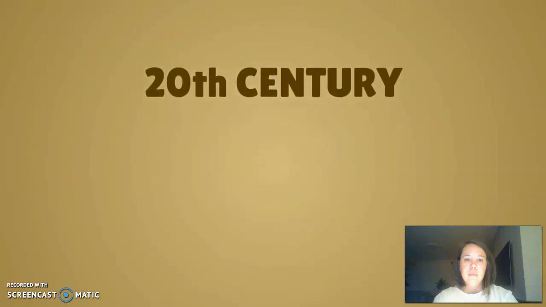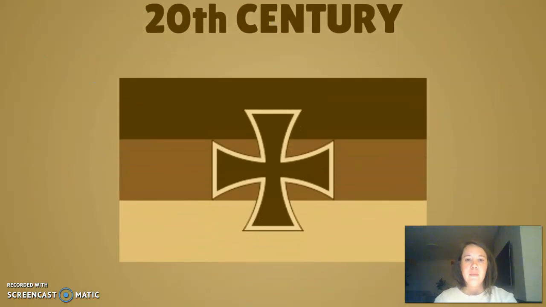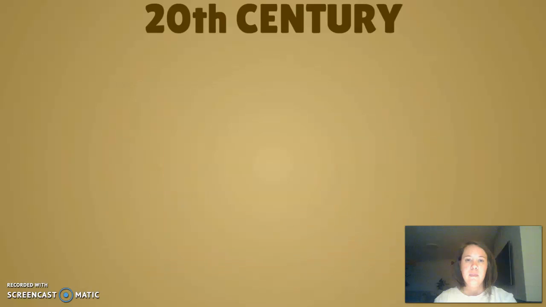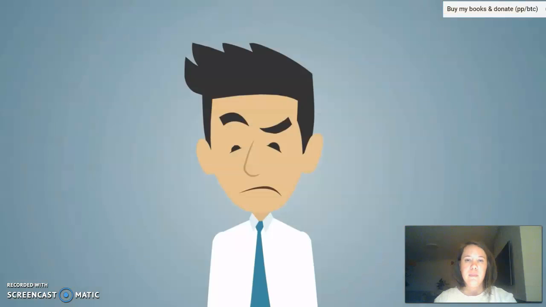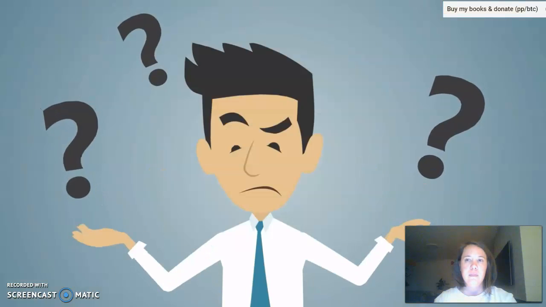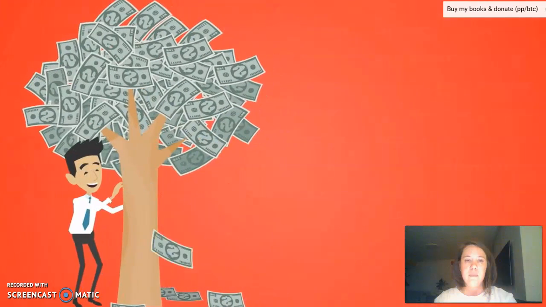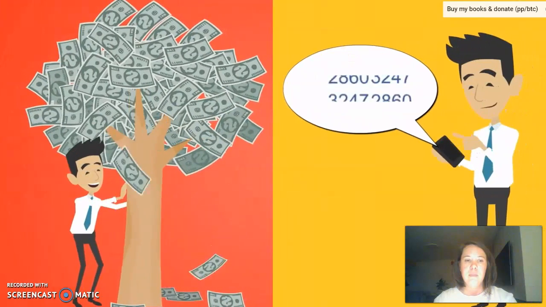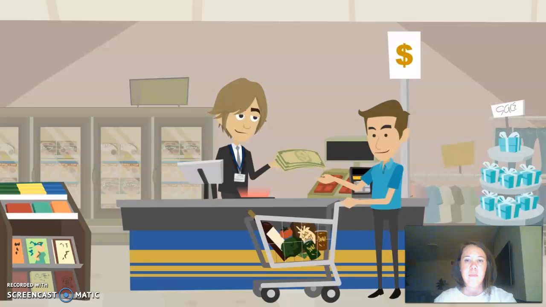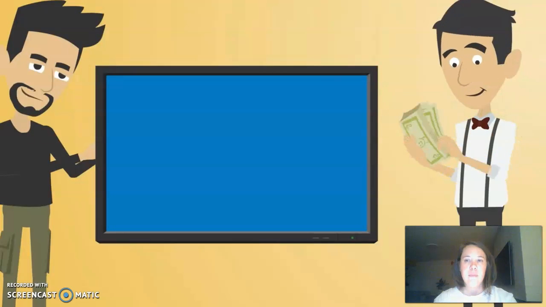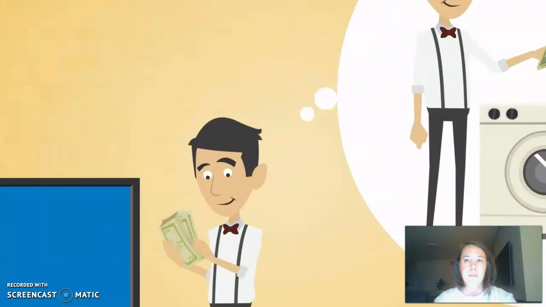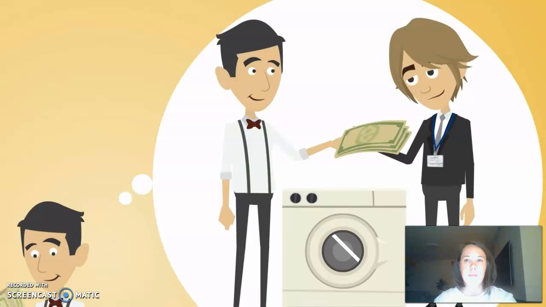Earlier in the 20th century, the same thing happened to Germany after World War I, and historic examples abound. How can something this dramatic happen? You need to understand that money is just paper or numbers on a screen. It only has value if people accept it as a medium of exchange. In other words, you only accept money for your goods or services because you know others will do the same.